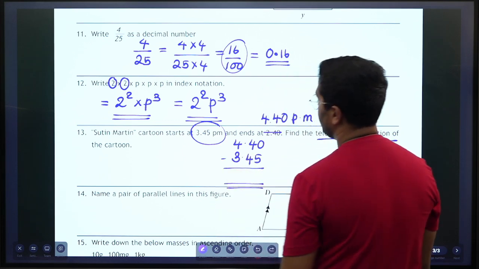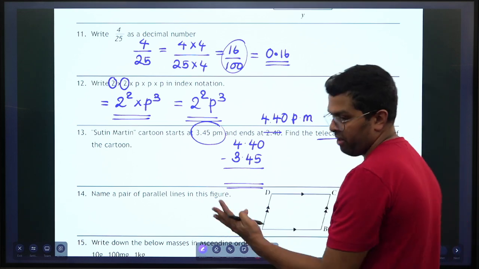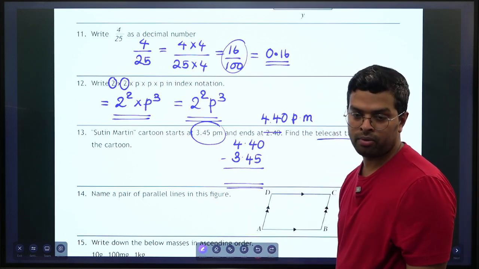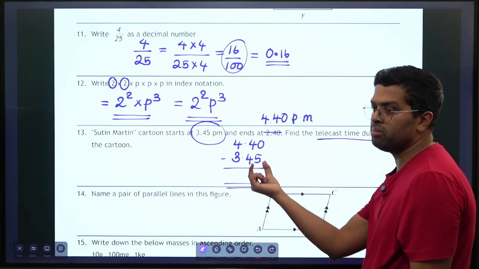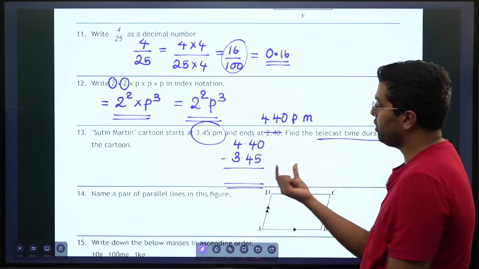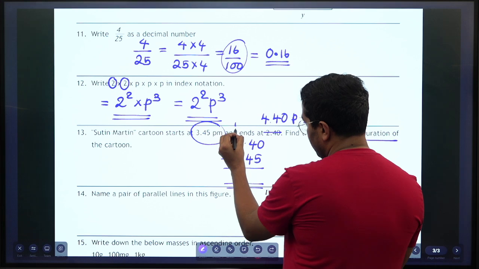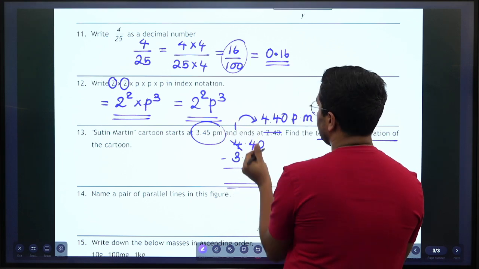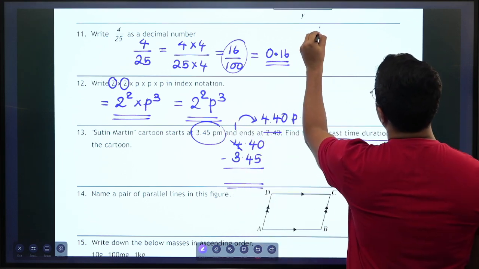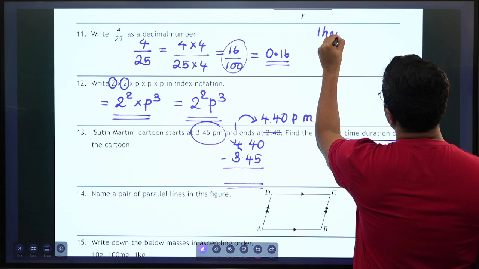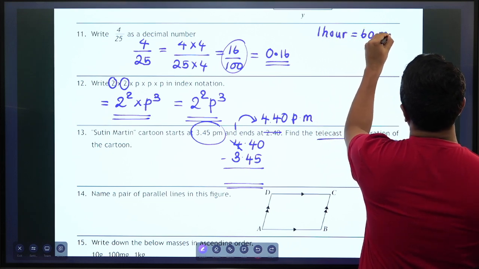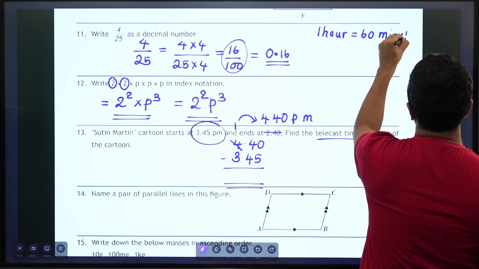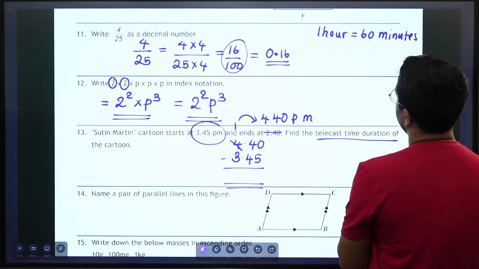There are different methods to get the answer. Here, you can't subtract 45 from this number 40. So we have to borrow 1 hour from the hours column. 1 hour is equal to 60 minutes.